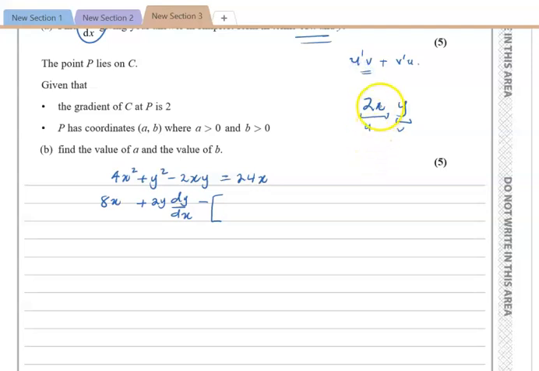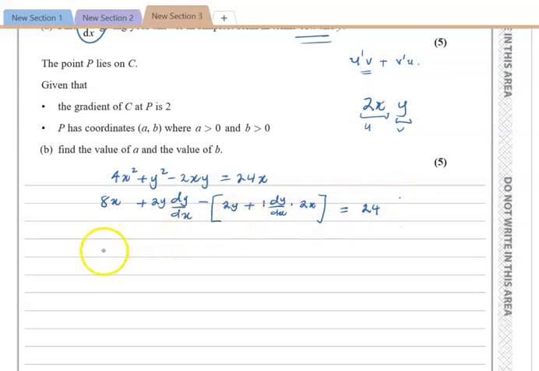So the derivative of u, which is 2x, is just 2, multiplied by v, which is y, plus the derivative of y, which is 1, dy/dx, multiplied by the u, which is a constant now, which is 2x. This equals the derivative of 24x, which is 24.